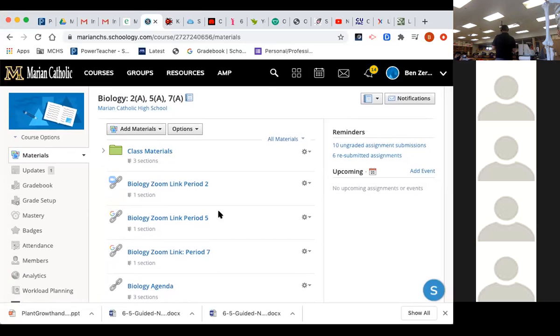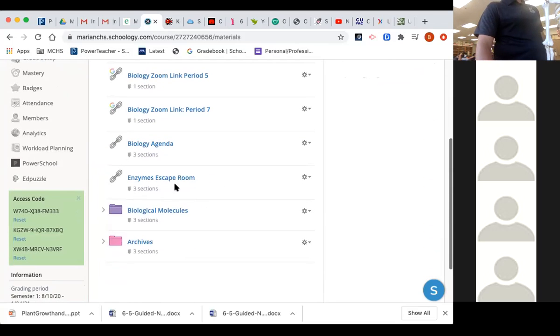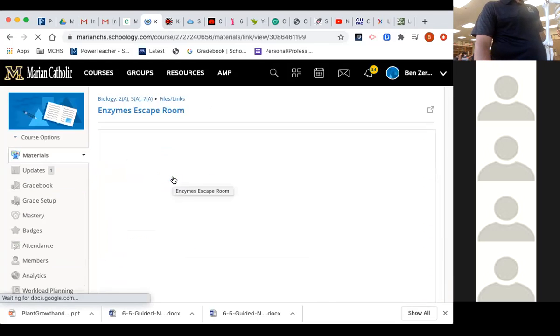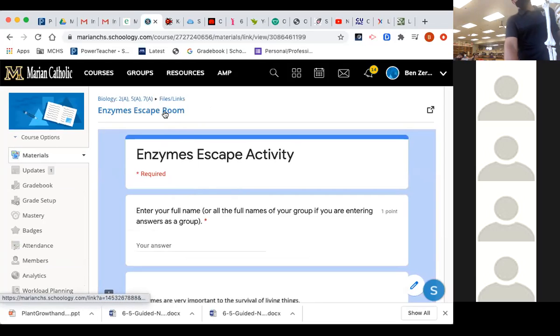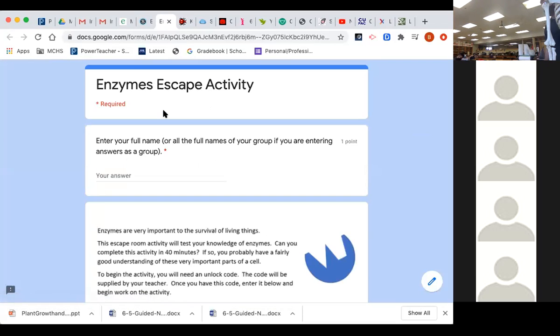The schedule is accurate for this week. And I want you to click on the tab that says Enzymes Escape Room. It's a link. Now, you can't leave it in Schoology, so you have to click on the title again, and this is what should open. Can everyone see the Google form Enzymes Escape Activity in a separate tab now?